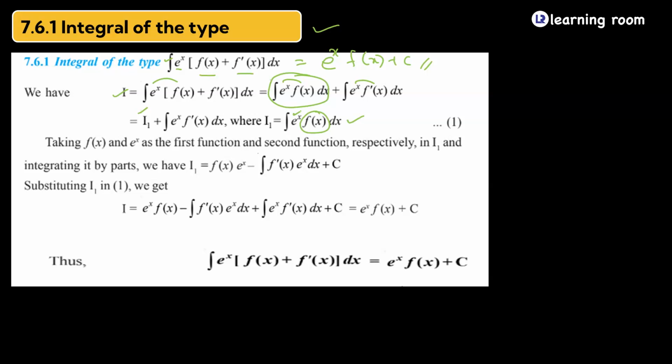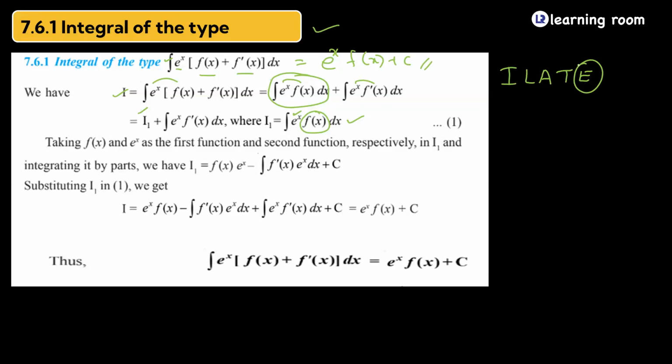That's integration by parts. When you're doing integration by parts, you have a rule called ILATE. Irrespective of whatever function f of x is, the exponential function is always the last function, which means it is always chosen as the second function. So f of x does not matter for us. Does that logic make sense?